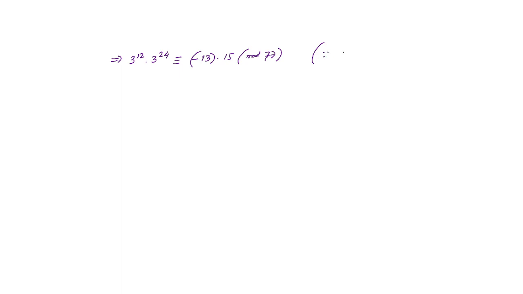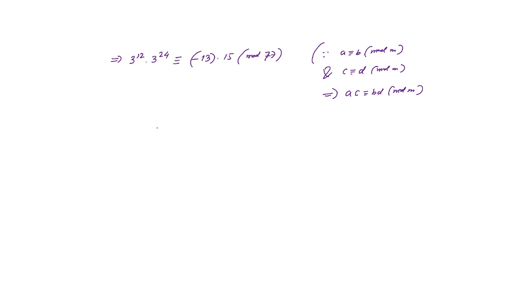Why? Because if A is congruent to B mod M and C is congruent to D mod M, we can write AC is congruent to BD mod M. That we have used here.